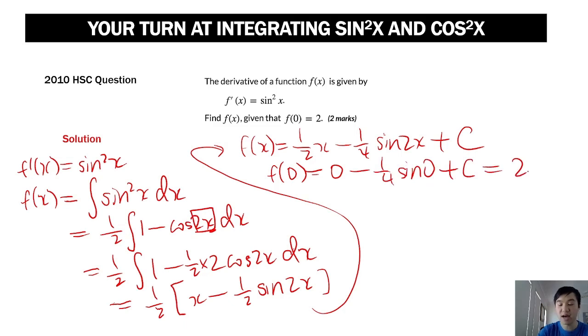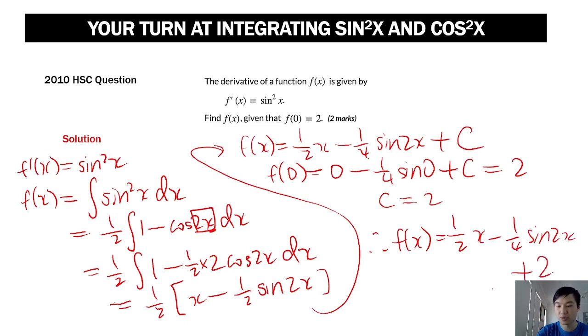Sine 0 is just 0, so we know here that c is equal to 2. Therefore, our final answer for f of x is half x minus a quarter sine 2x plus 2. So that is our final answer for this question.